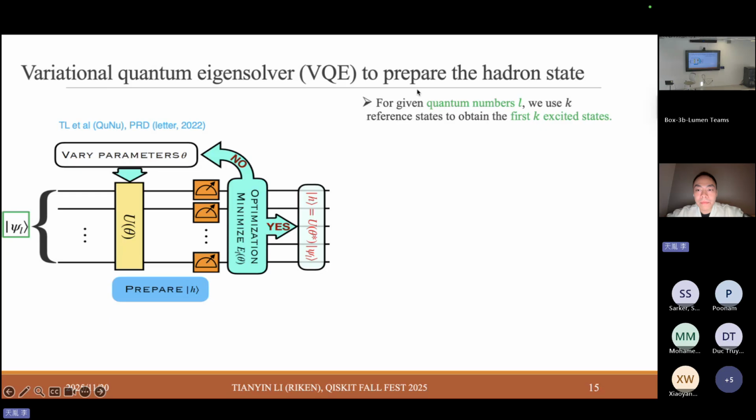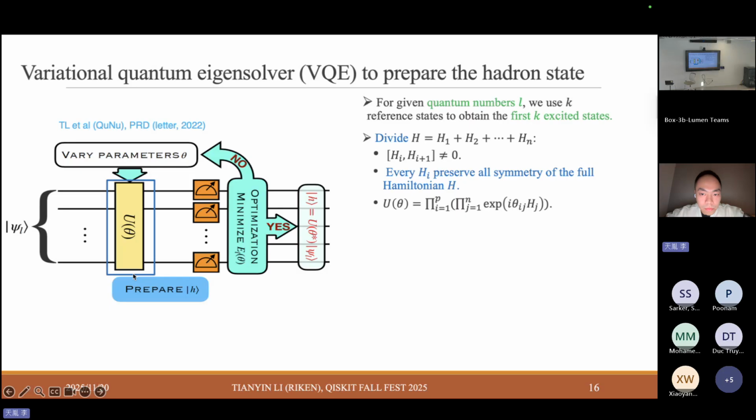Here we suppose the quantum number of the hadron state is L, and the hadron state is the K-th excited state with this quantum number L. That means we need K orthogonal reference states with the same quantum number L as the hadron state as the input state of this quantum circuit.